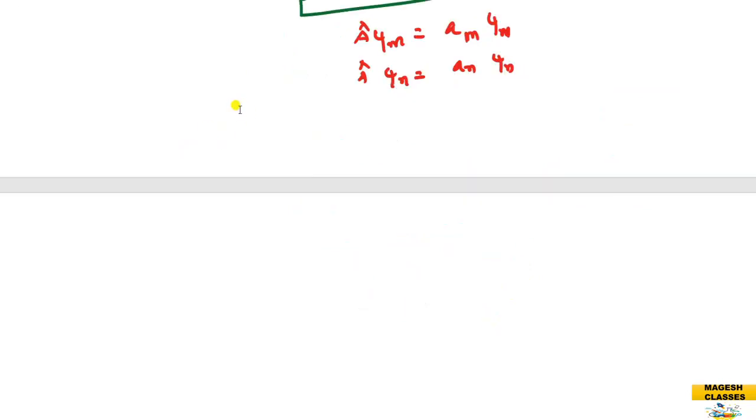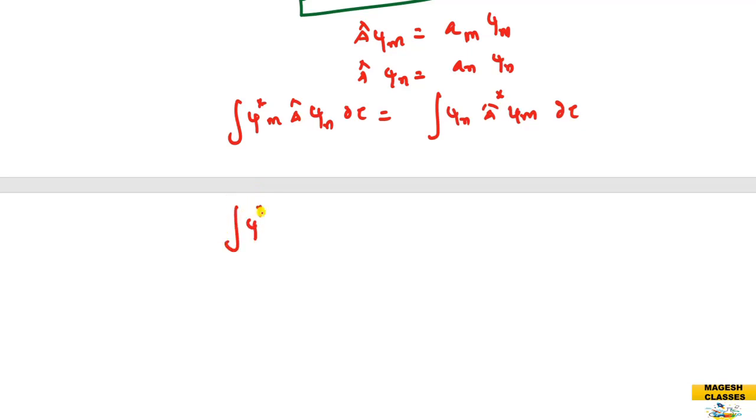If the operator is Hermitian, you can write the integral of psi star m, operator psi n, d tau equal to the integral of psi n, operator psi m star, d tau. By putting the corresponding value, psi star instead of psi n, you can write a n psi n d tau.